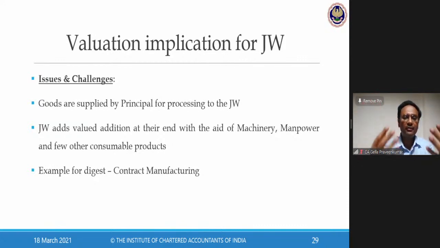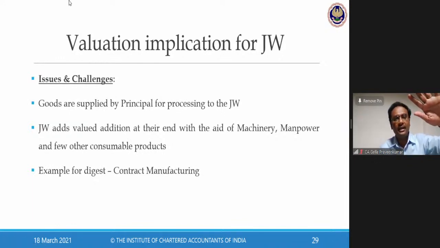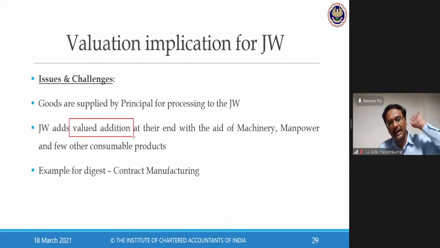Only the valuation from my end I'll consider. Job work adds value at their end with the aid of machinery, manpower, and a few consumables. So only that valuation I have to consider for charging GST. Value addition: this is the alone element I have to consider.